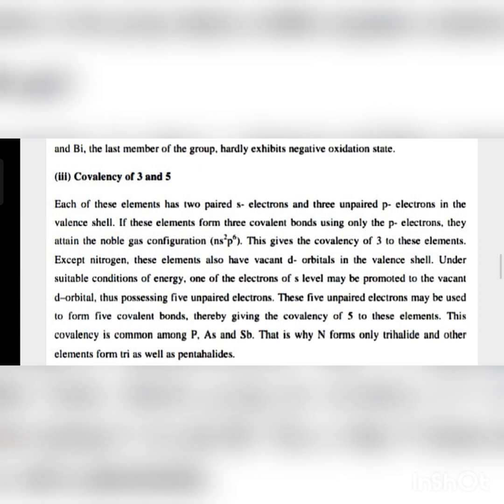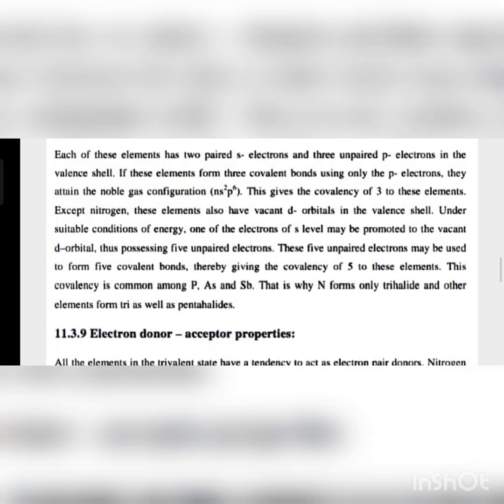These 5 unpaired electrons may be used to form 5 covalent bonds, thereby giving the covalency of 5 to these elements. This covalency is common among phosphorus, arsenic, and antimony. That is why nitrogen forms only trihalides and the other elements form tri- as well as pentahalides.